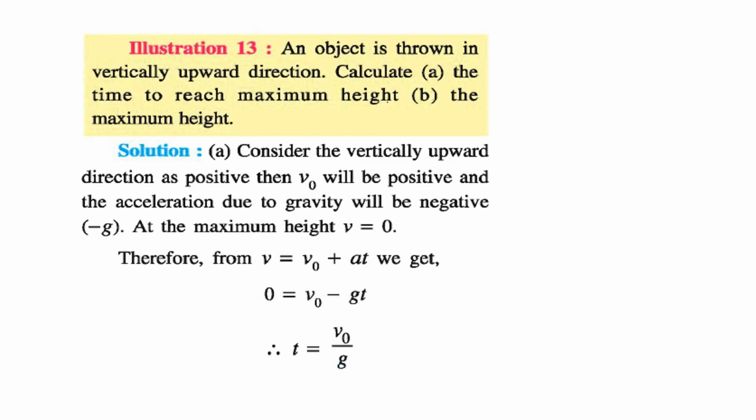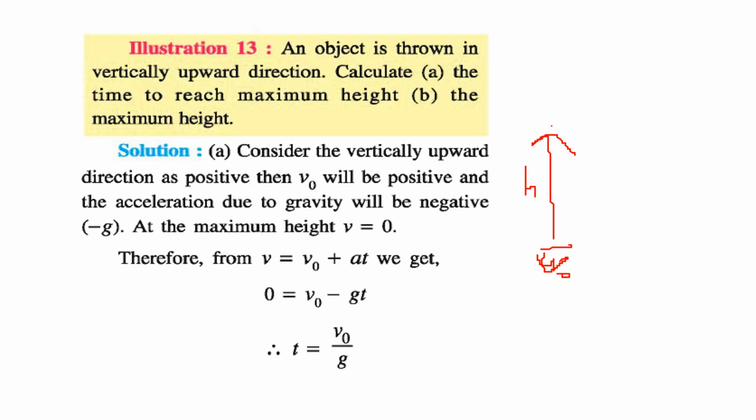An object is thrown vertically upward. We have to calculate the time to reach maximum height, and the maximum height. We know that we have some initial velocity by which we will send it, so we say it is v0.